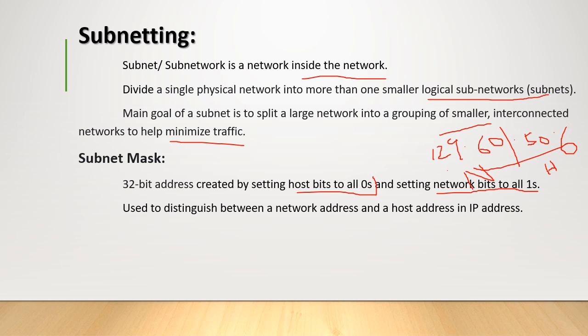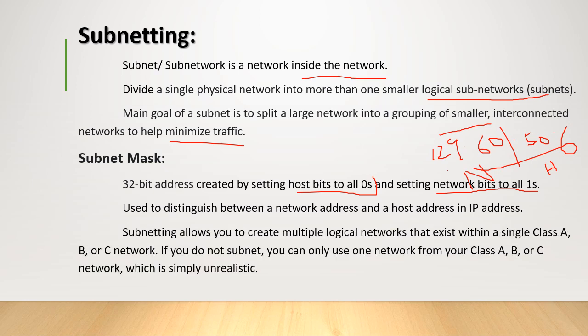What are we going to do? We are going to distinguish the network address as well as the host address of your IP address. By using subnetting, we are going to divide a larger network into smaller logical subnets.